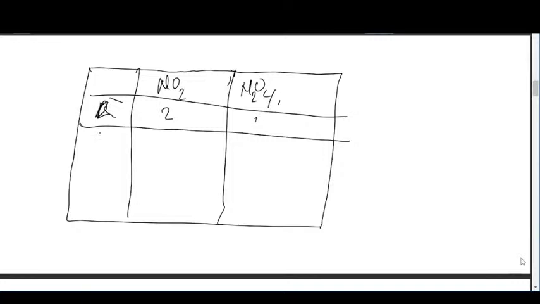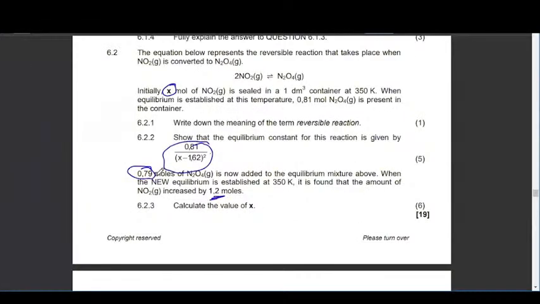Then I have the initial, change, and equilibrium. Now, the initial in this case, what did we start with? In this case, they say that 0.1 was added.